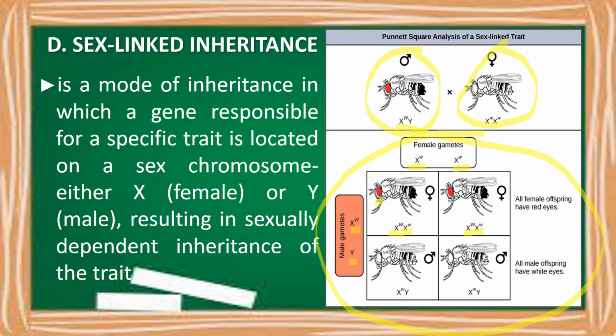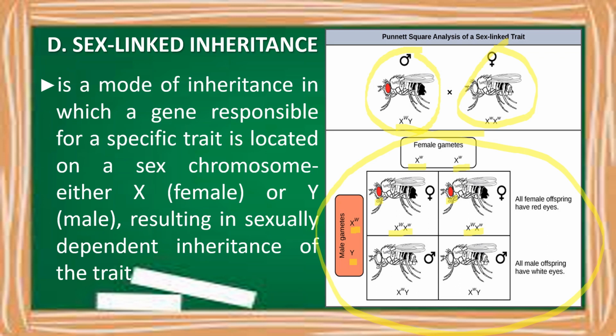So it is a female offspring with red eyes, because the alleles are codominant from the parent with red eyes. The female has red eyes even though she is female.